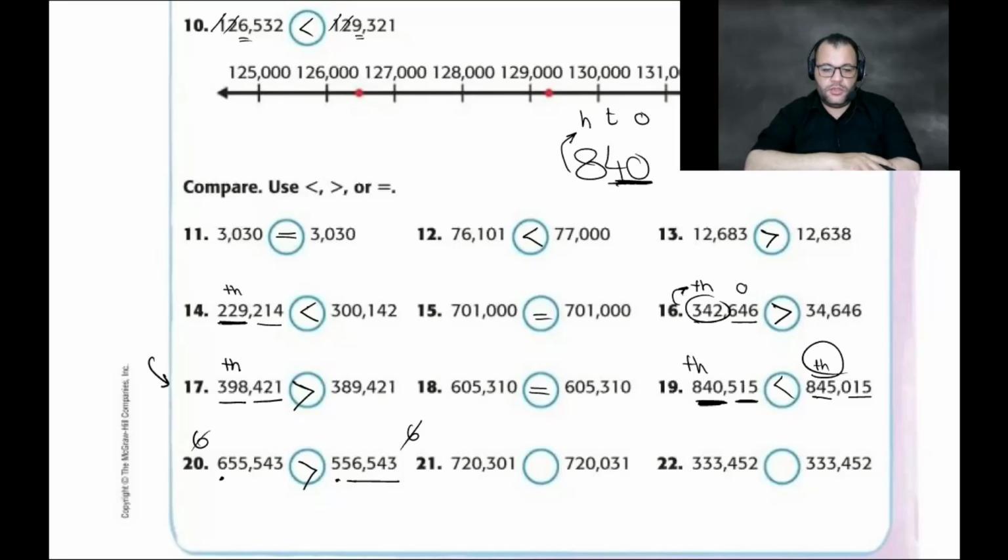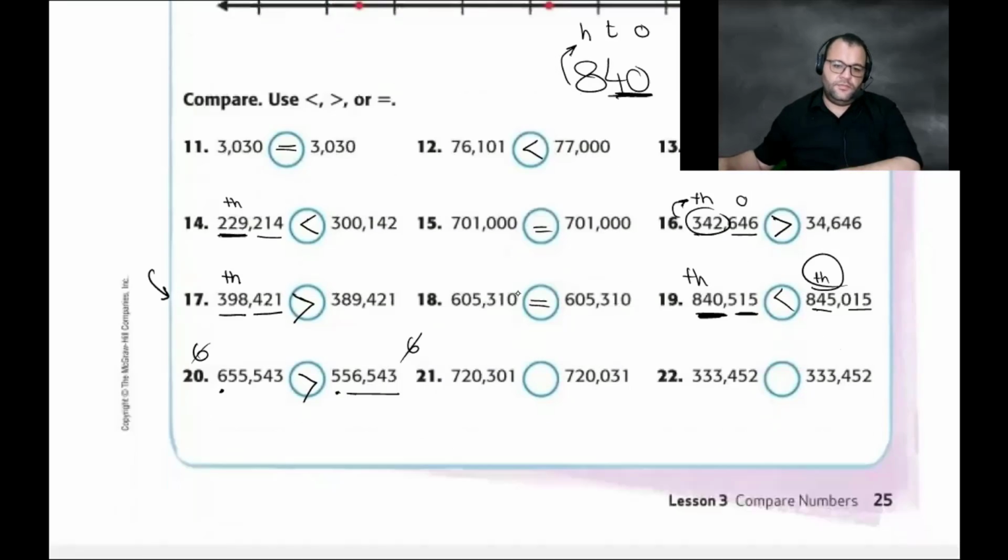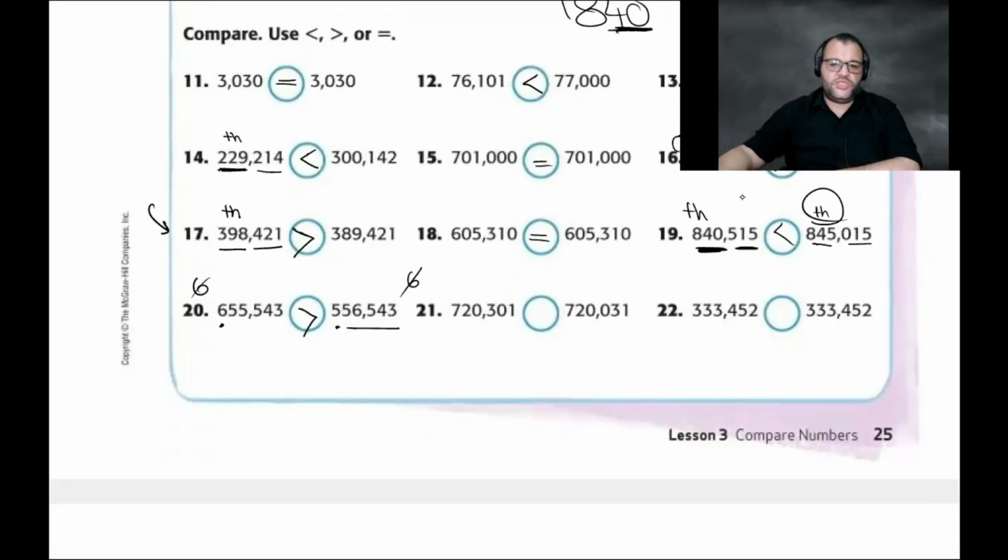Question 21. You are not looking at the screen? That's not 7,020. We said again, start from the right. Count 1, 2, 3.